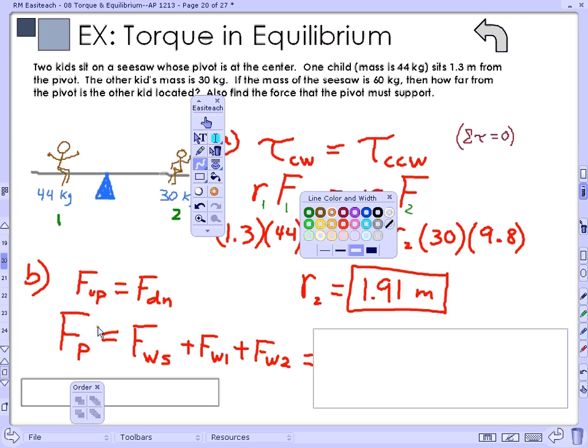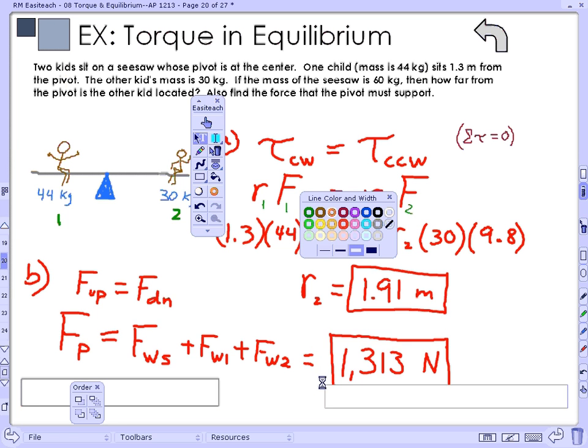This force here is from the pivot. This is the force weight of the seesaw, and then we have the force weights of the individual kids. So we simply plug all those in, and we have a really easy solution for this particular problem. But what's not going to be easy later is when you're trying to figure out what the left and right forces are at, say, a hinge.